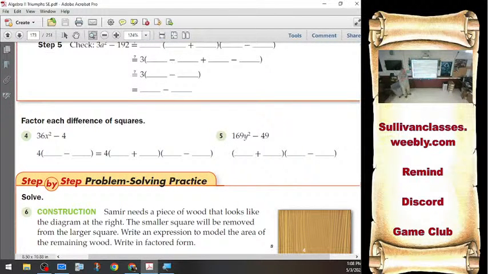Right now, yes, I know, 36 and 4, 169 and 49. Yes, those are all perfect squares. Can you take out a greatest common factor first? They showed you on 4. They have a 4 in common.